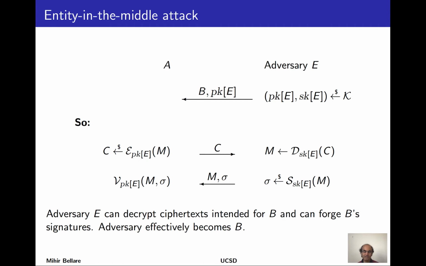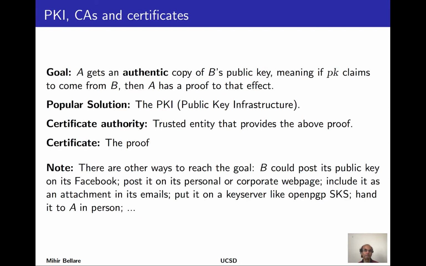But of course, B is nowhere in the picture, and actually the adversary E can decrypt any ciphertext transmitted. Similarly, the adversary can now get A to accept signatures, and A will do so thinking that B has signed this message, but in fact, of course, the adversary signed it. So this isn't really at all what we're looking for.